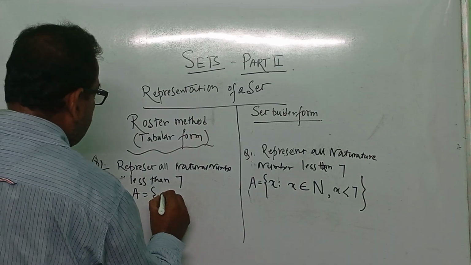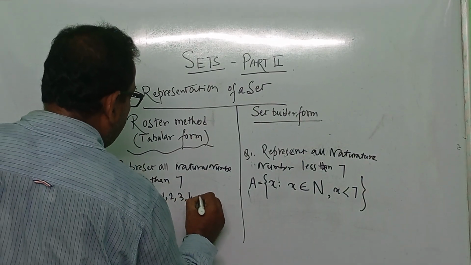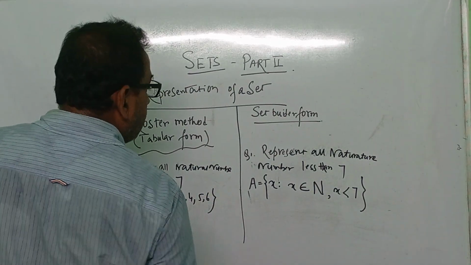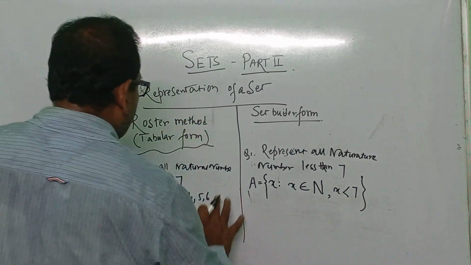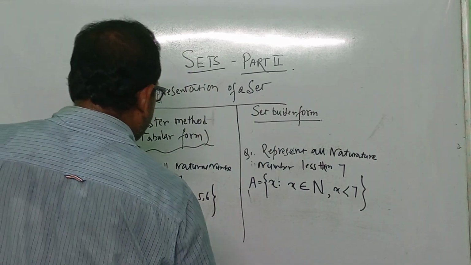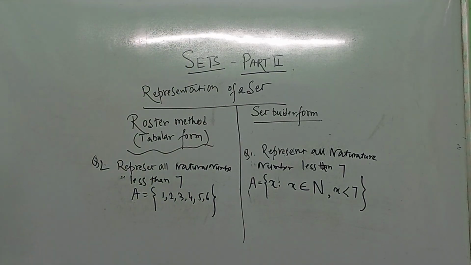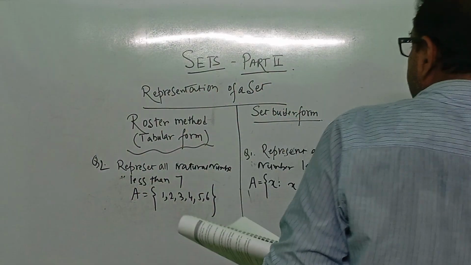Then you have to write 1, 2, 3, 4, 5, 6. But what condition is given? 7. So we have not written the 7. Is that clear? Both the things. Okay.